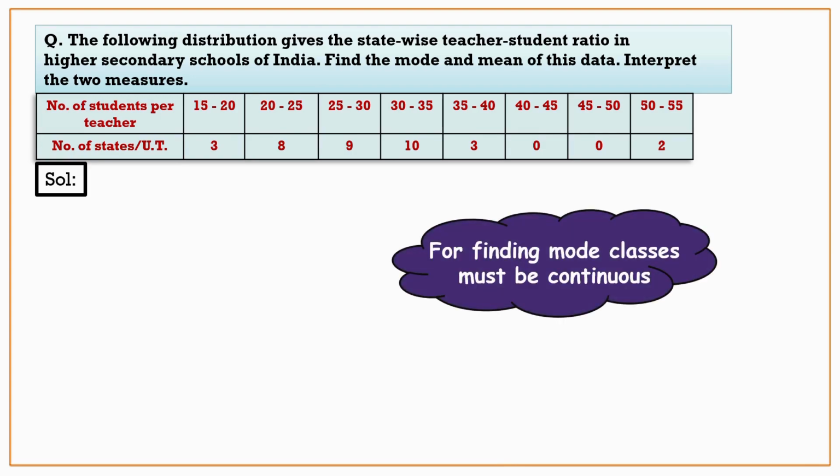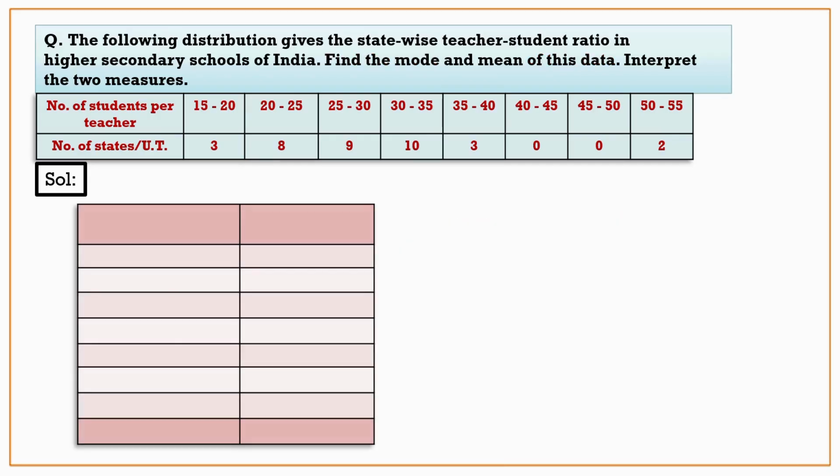For finding the mode, we know that classes must be continuous, and here the classes are continuous classes. So first let us find the mode. So let's put the class interval and the number of states, that is the frequency fi.